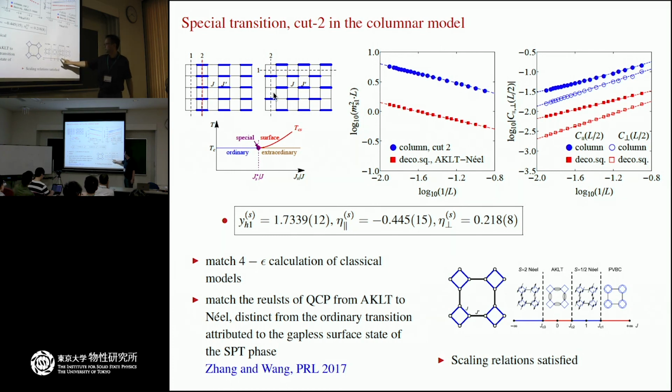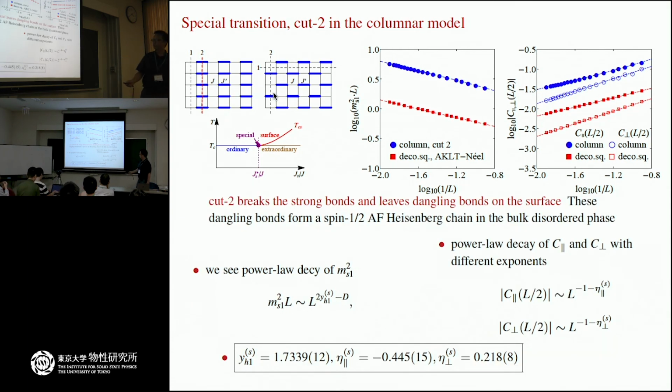So at this bulk critical point, you also have a special surface critical state, which has the same critical exponents as what we have here.